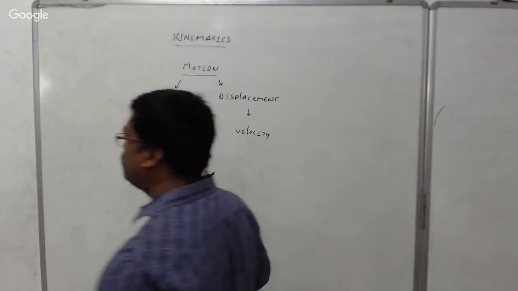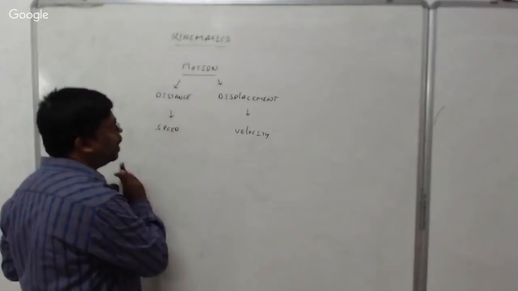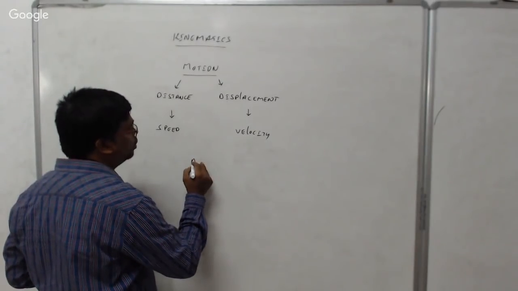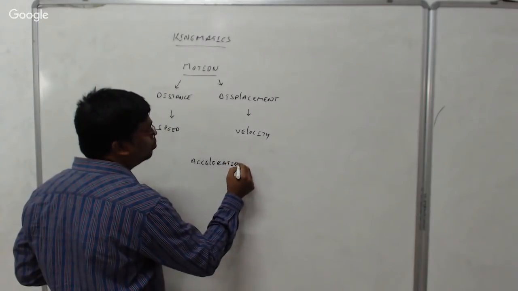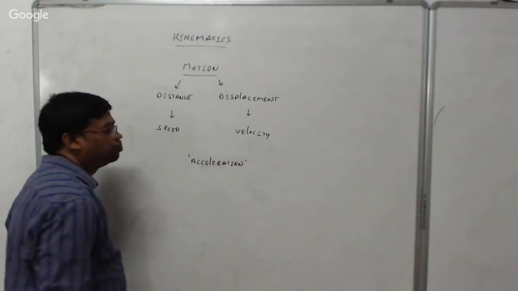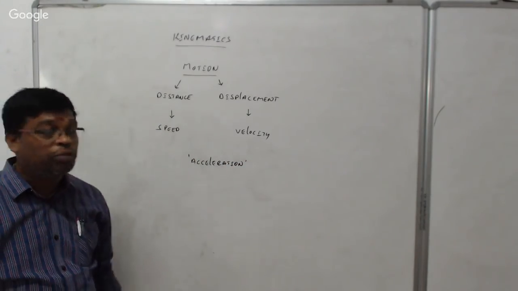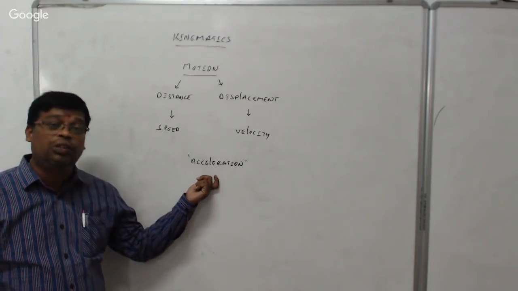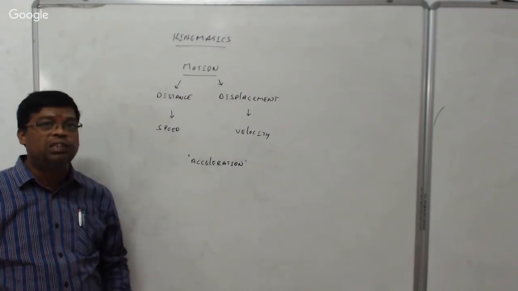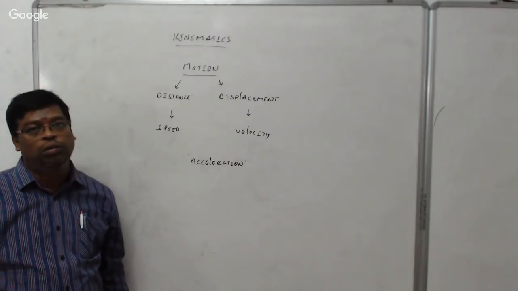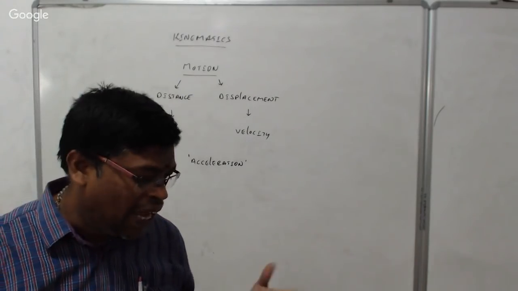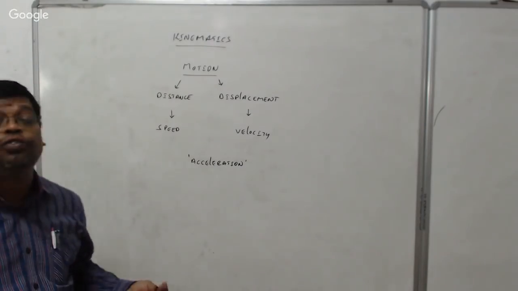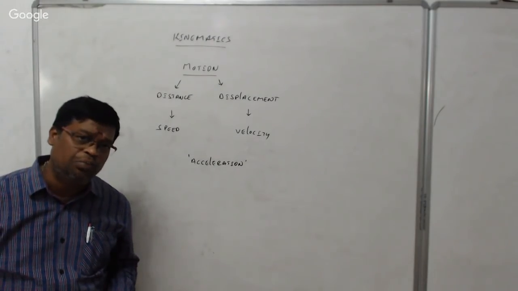Based on speed and velocity, we have acceleration. Acceleration is also a term which helps us understand motion more clearly. What is acceleration? The rate of change of velocity is said to be acceleration, isn't it?